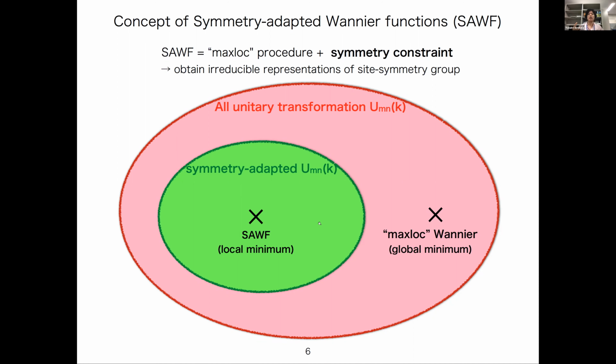But if we constrain the search space to those satisfying the symmetry property, namely the symmetry-adapted unitary transformation, then within this space we try to find the minimum of the spread. This is the symmetry-adapted Wannier function.